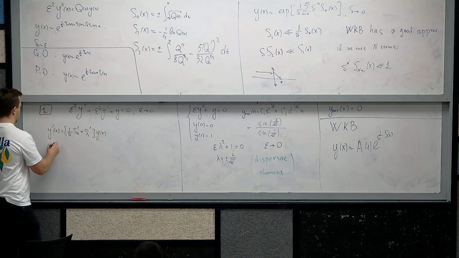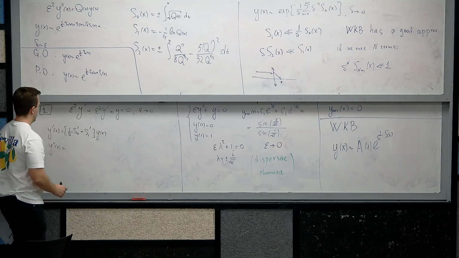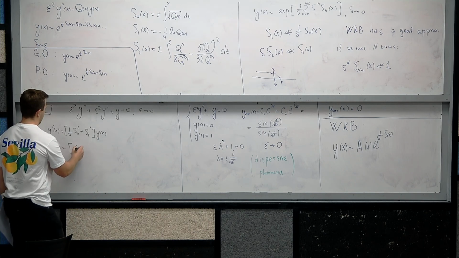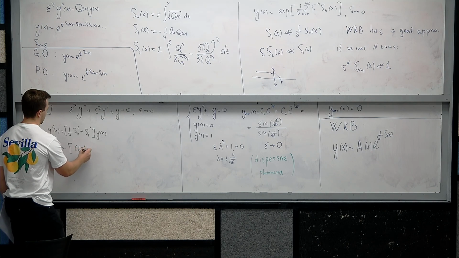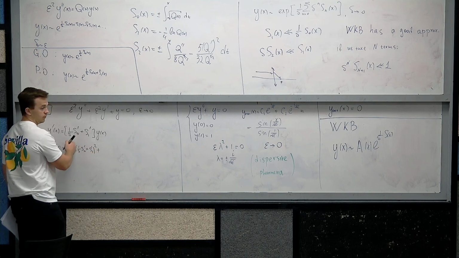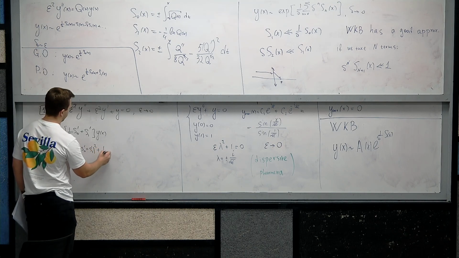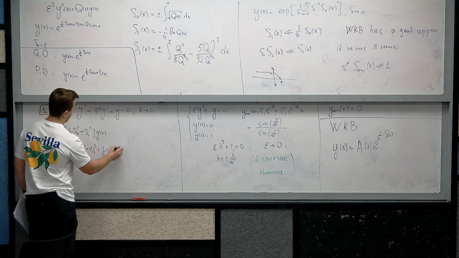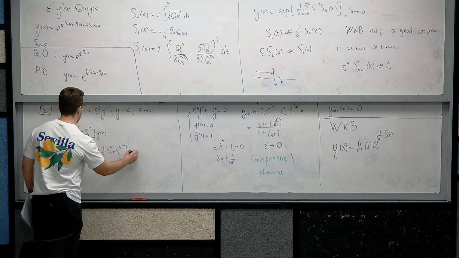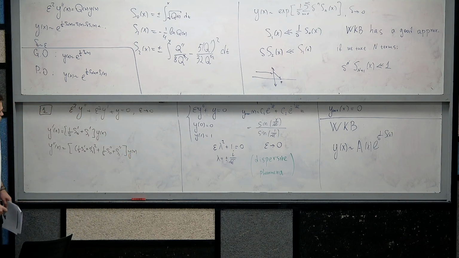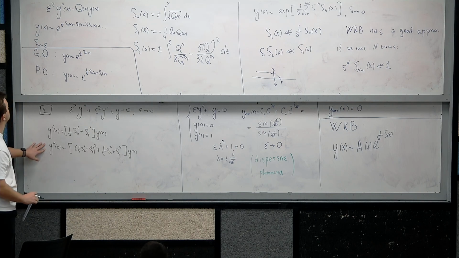Then y double prime is the same but squared, plus the second derivative of this, so 1 over delta S naught double prime plus S1 double prime times y of x. Now let's plug these derivatives into the equation.